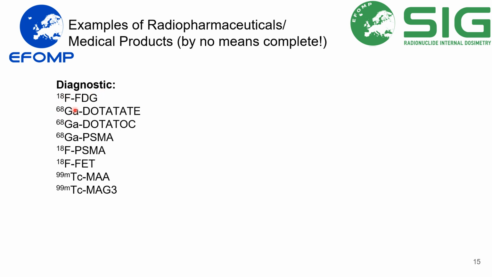But there's also gallium-68 DOTATATE for neuroendocrine tumors, same with DOTATOC for neuroendocrine tumors, gallium PSMA or F18 PSMA, F18-FET for brain tumors, technetium-99m MAA for example for lung scintigraphy or for the liver radioembolization simulation. You're going to hear about that one later. And there's technetium-99m MAG3, which is for kidney function tests. All of those are being used for diagnostic imaging, not for therapy.